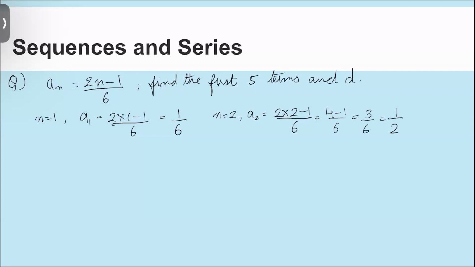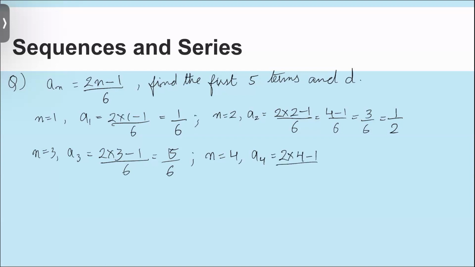Then let's take the third one. a3 is equal to 2 into 3 is 6, 6 minus 1, 5 by 6. So now if you have n is equal to 4, a4 is equal to 2 into 4 minus 1 by 6. So you have 2 into 4, 8, 8 minus 1 is 7, 7 by 6.